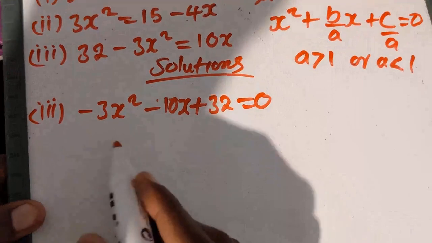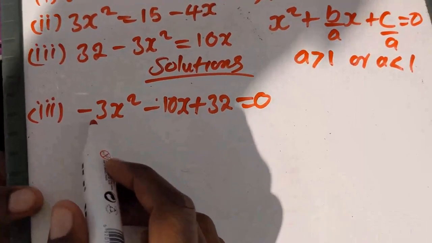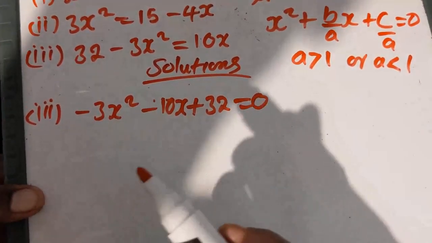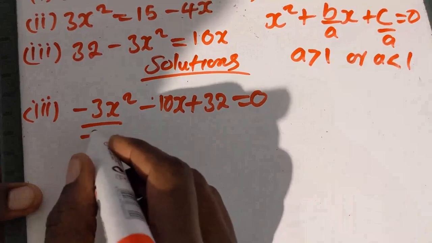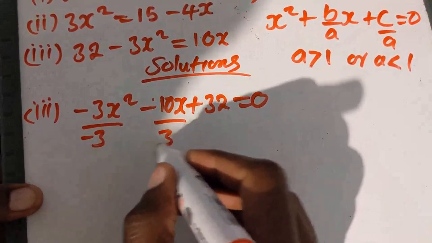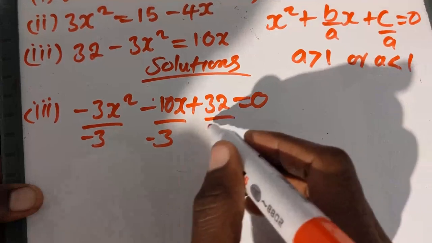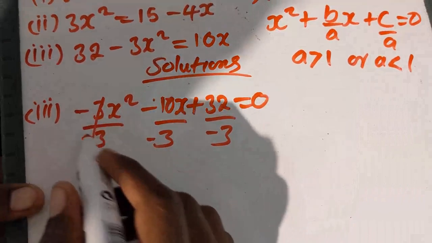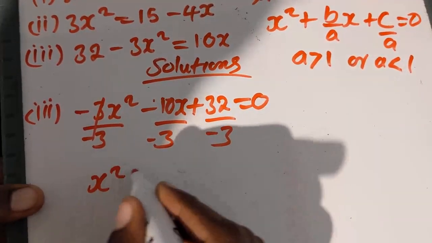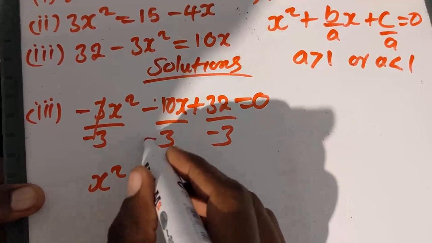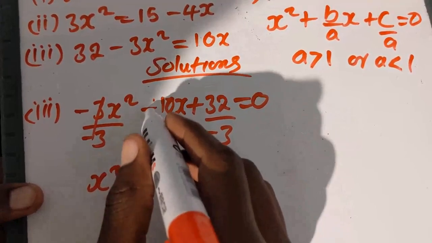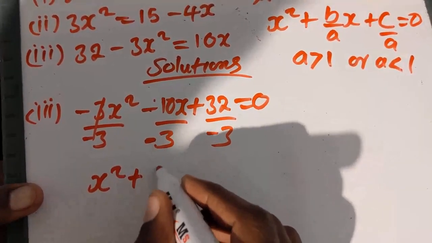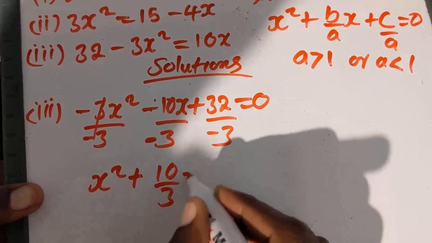Okay, so from here now we know that the coefficient of a is less than 1, so we divide this coefficient with everything. Okay, negative 3, like that. Then the negative and the negative will make a positive, so it will be x squared. Then this is negative, negative divided by negative, it is positive. Okay, so that is going to be 10 over what? 3x.